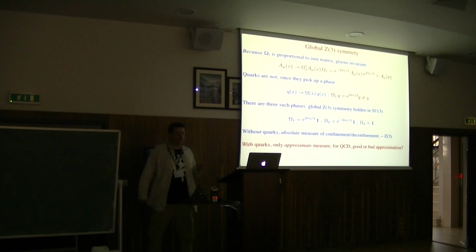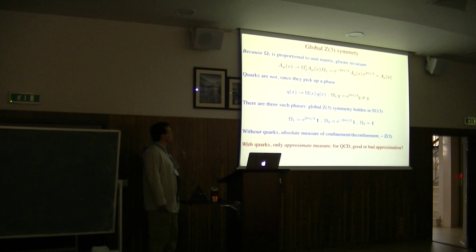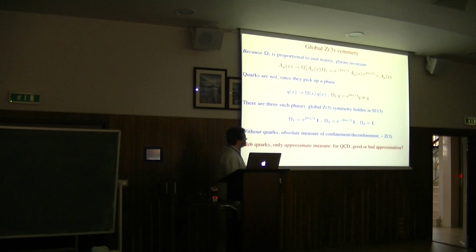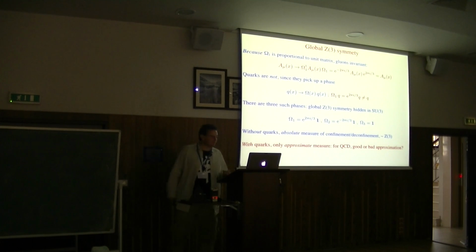That appears to be a completely trivial matter, except for the fact that consider how quarks transform. Quarks transform for a local gauge transformation, like this matrix over here. And if I take this to be a constant, all that changes is that I have a phase. So quarks transform non-trivially.